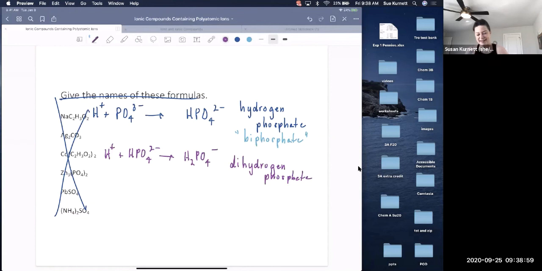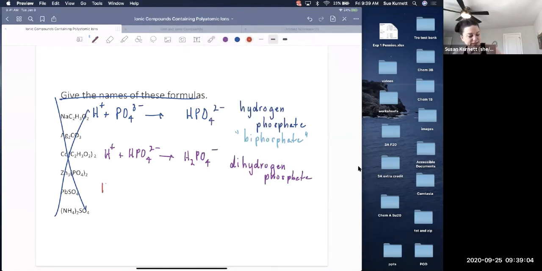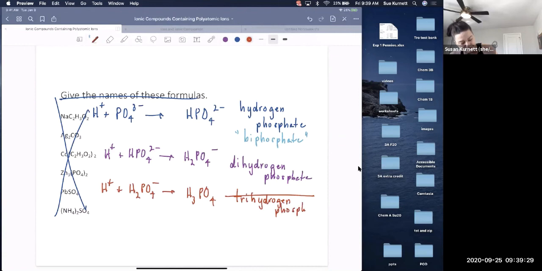Let's see if we can do that a third time. If I was to add a hydrogen ion to a dihydrogen phosphate, what would I have? Oh, I don't have an ion anymore. This is not trihydrogen phosphate. It's not an ion, and this rule of adding hydrogens to make hydrogenates only works for ions.